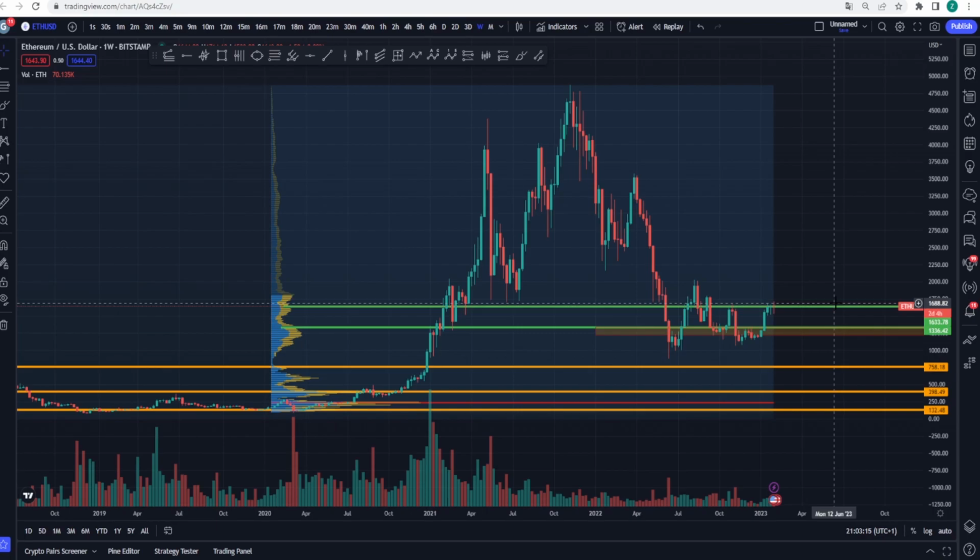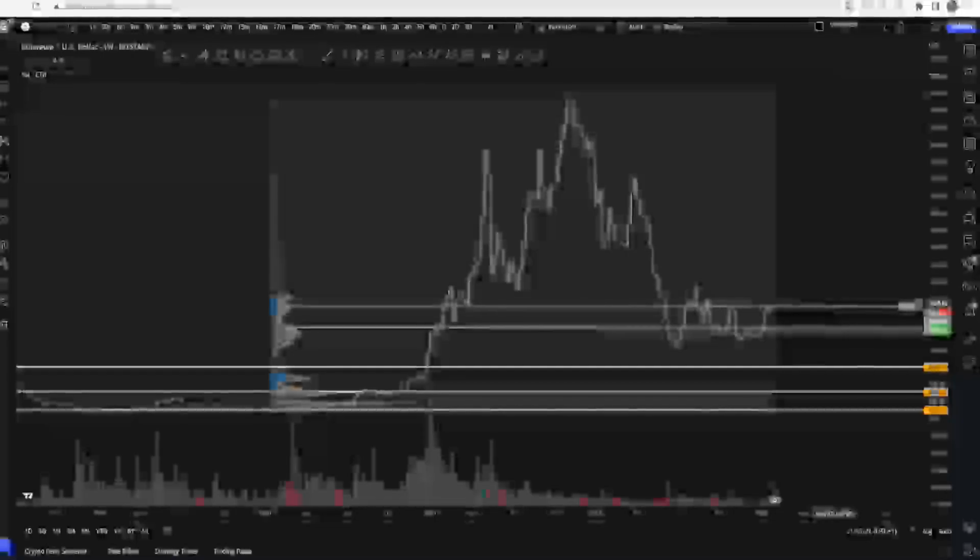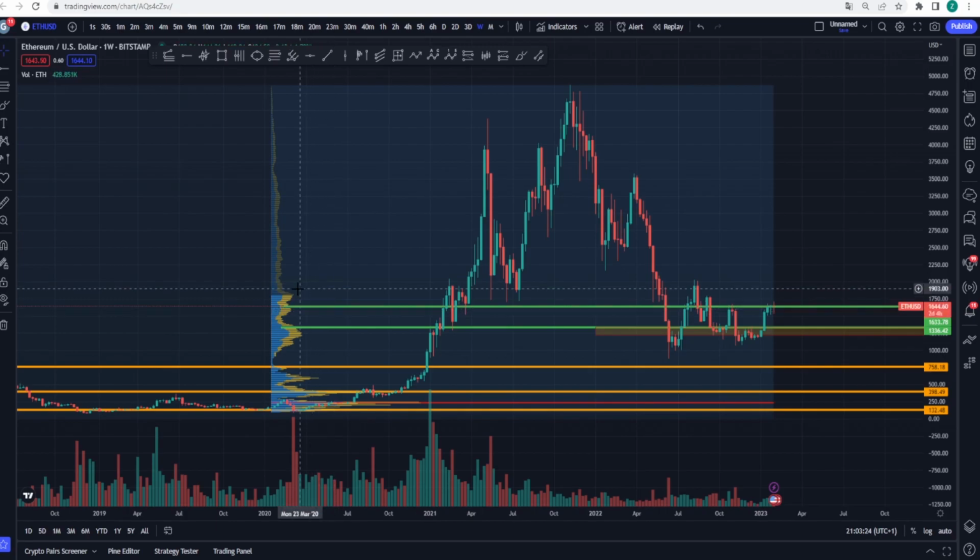I personally need at least 2, and I would say even 3 levels of confluence in order for me to take a trade. So for example, it needs to be at one of these support levels, and it has to have an EMA or a FIB that aligns with it, preferably both of them. So a FIB and an EMA that aligns with it. And then I have 3 confluences, 3 indicators that tell me this is the right trade, and that's when I take a trade.